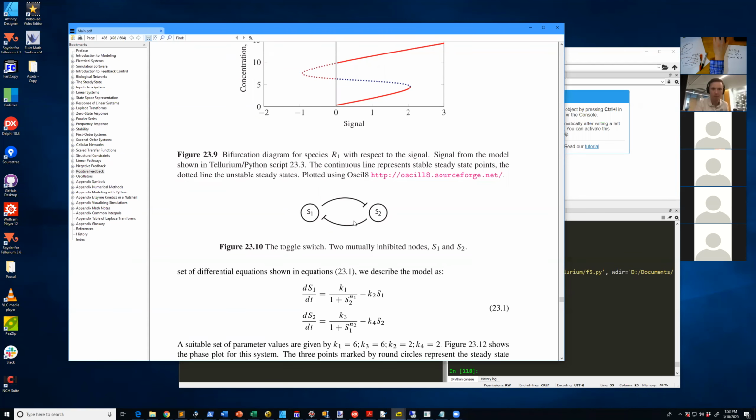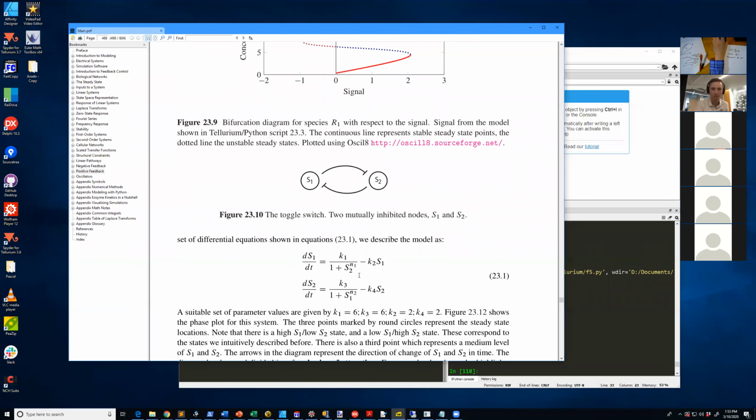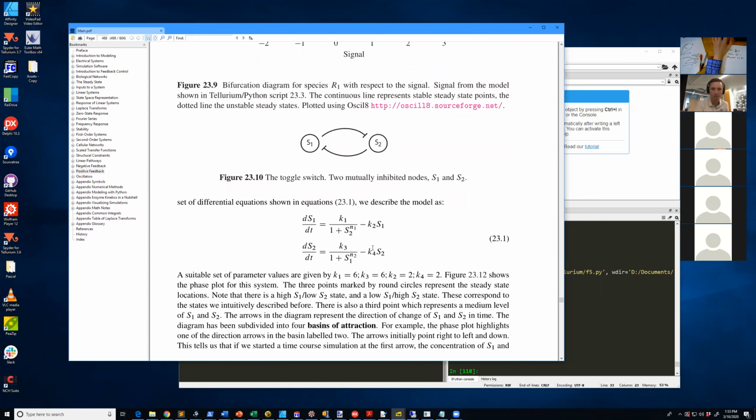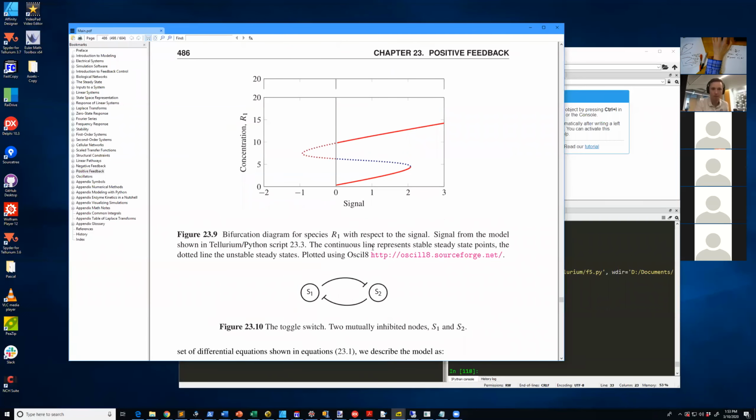You can either have S1 high and S2 low, that's stable, or S2 high and S1 low, and that's stable. It's pretty easy to build a model of this. You can use a Hill-like equation that has repression and then two degradation steps. All right, so that's basically all I want to say in this chapter, chapter 23.